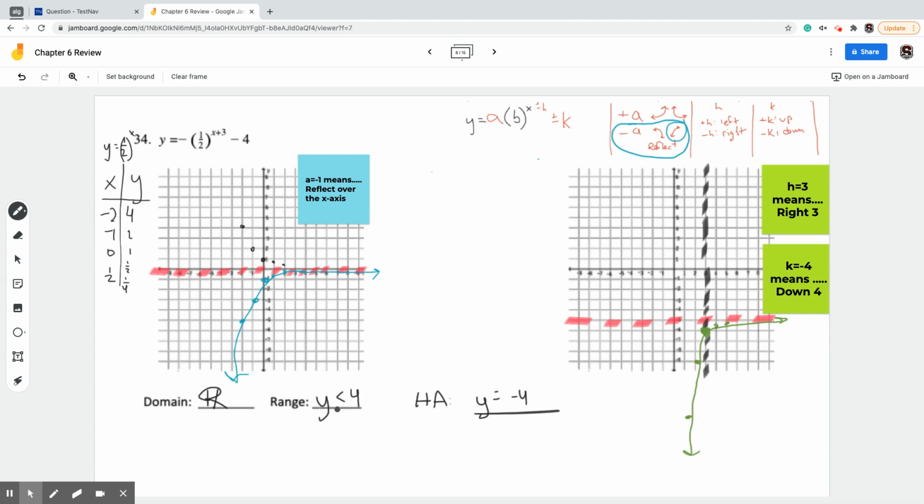Now you could answer the questions bottom, top. Well, my bottom is an arrow. And the top is an asymptote at y equals -4.